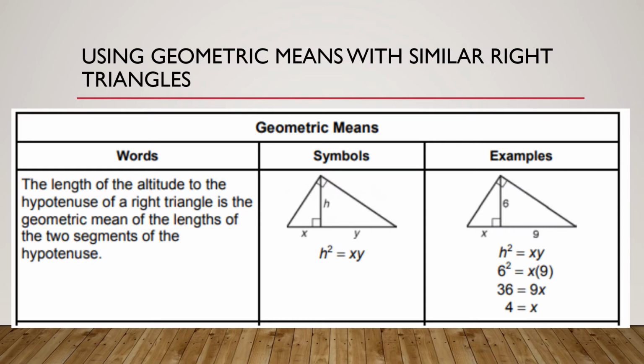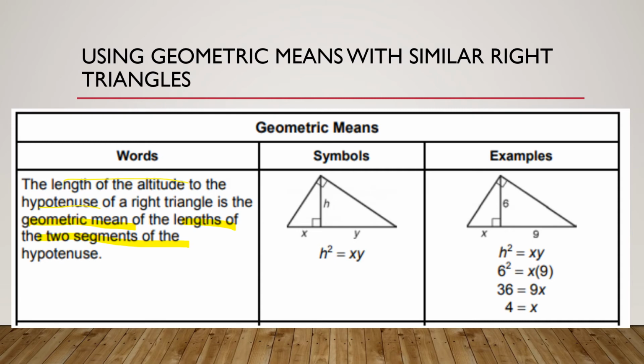So just to review how we're going to use the geometric mean in our triangles, remember the length of the altitude to the hypotenuse is the geometric mean of the lengths of the two segments of the hypotenuse.